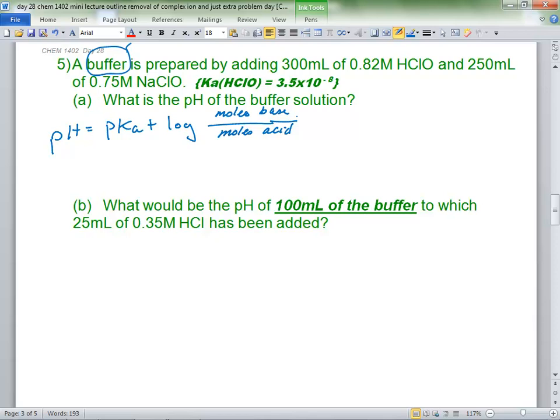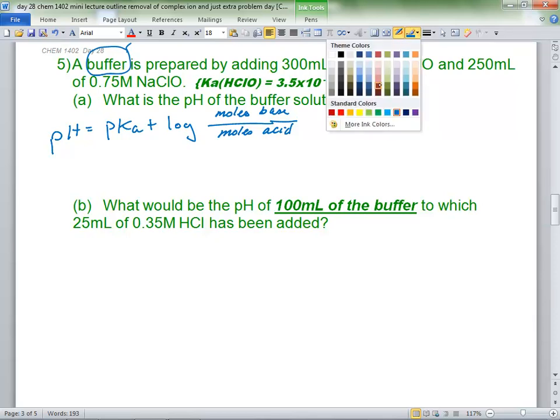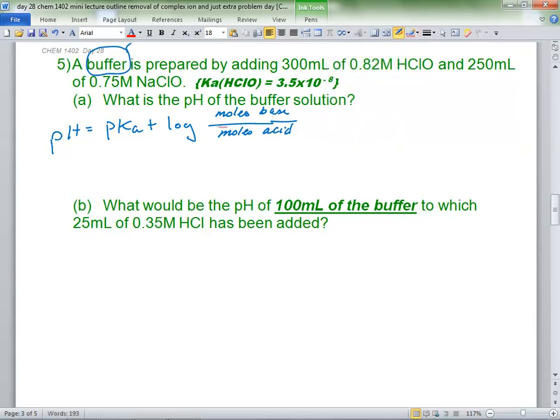Then you're also going to need the moles of base and moles of acid. So how are you going to get some of these? How are you going to get this one, for example? Yeah, use the molarity. You can write the big M equation for the acid, or you can just realize big M is moles over liters, multiply big M times liters, and you got moles. Either way works.